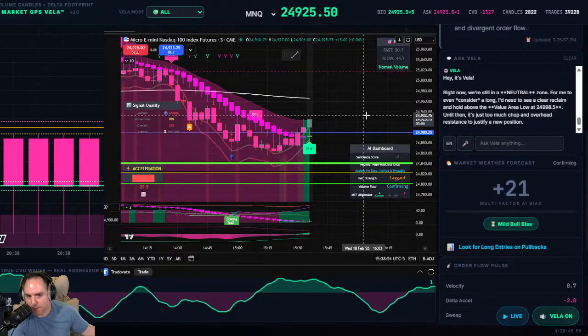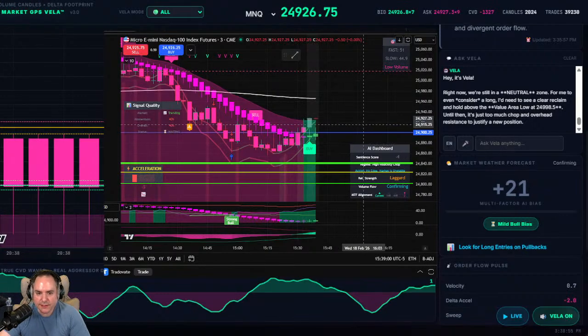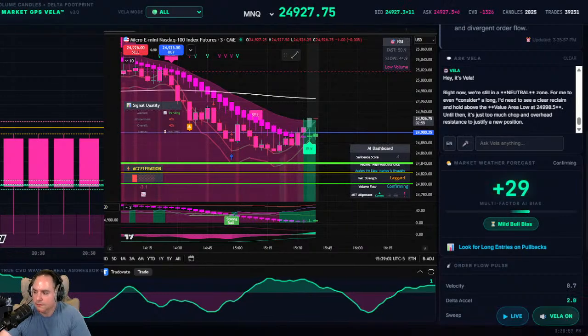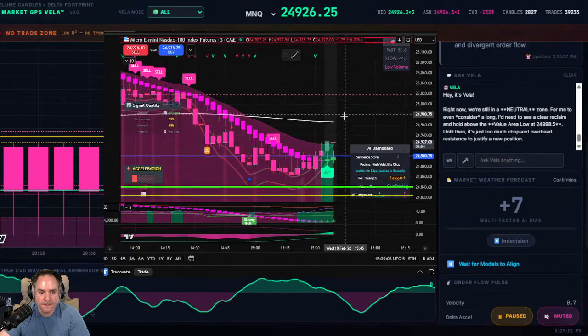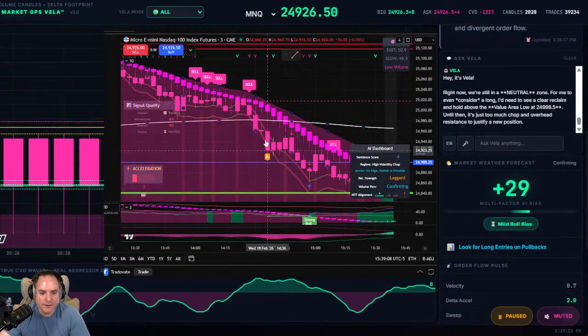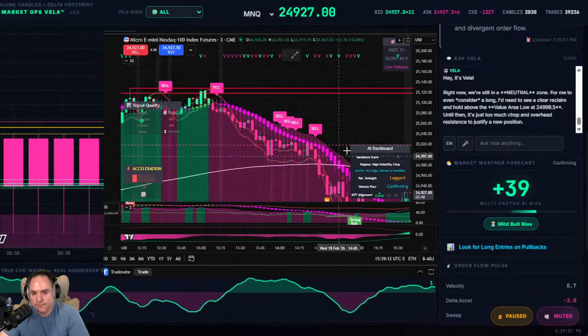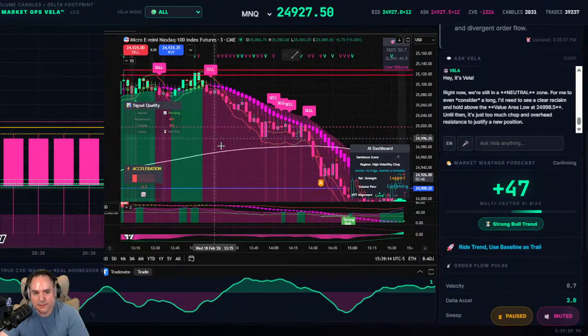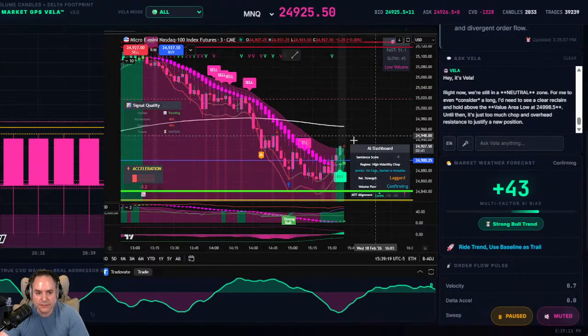So let's talk about this buy and sell signal that's on Market GPS. These buy and sell signals are not so that you jump in a trade. These buy and sell signals come on when all the colors line up. So I use that, for example, I trade the gold session in the evening. I don't want to sit in front of my screens for hours.